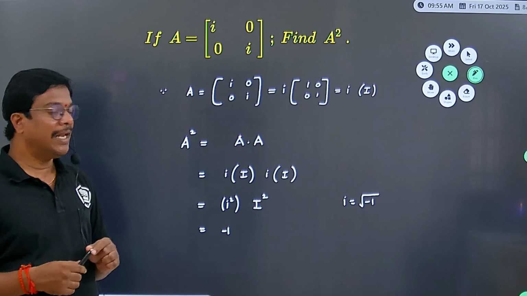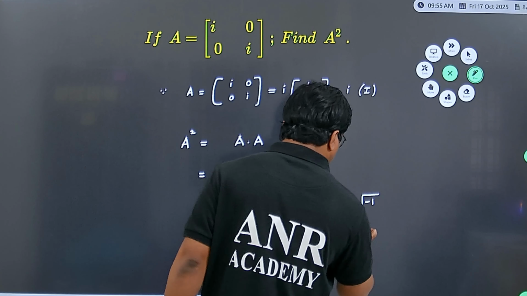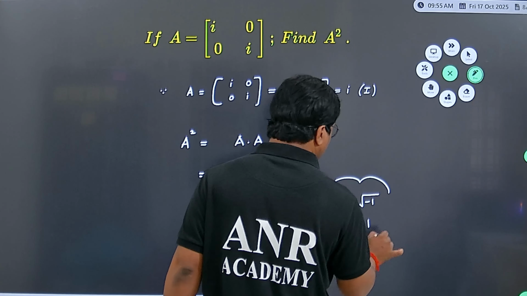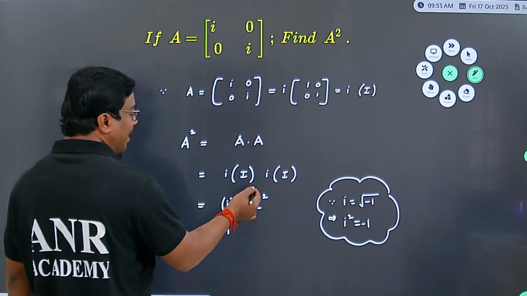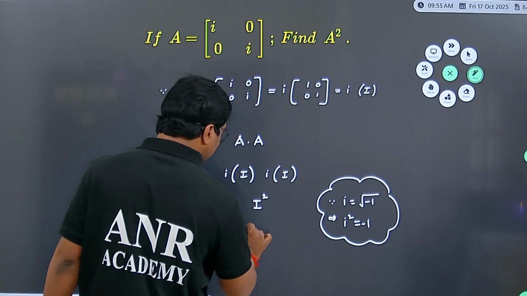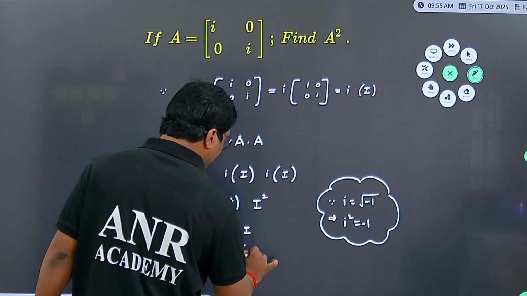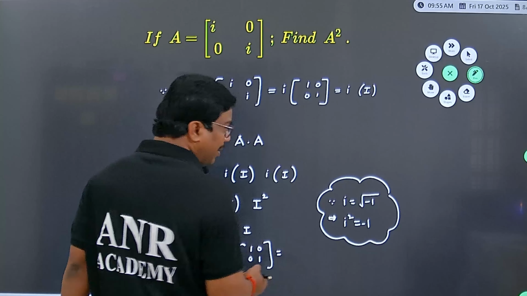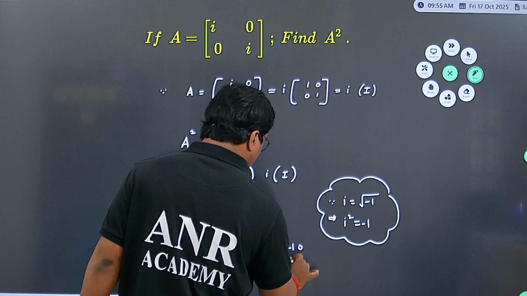The square root of negative unity is defined as iota. This is from complex numbers, and hence the value of i square is minus 1. Using this, i square is written as minus 1, and also the identity matrix multiplied by the identity matrix gives the identity matrix again. Minus 1 into [1, 0, 0, 1] gives the result simply minus I, or you can write [minus 1, 0, 0, minus 1].